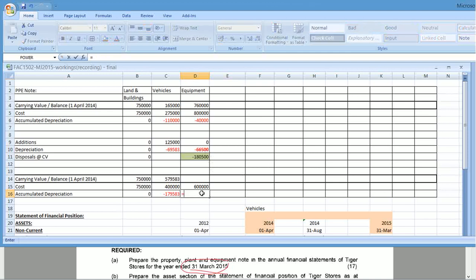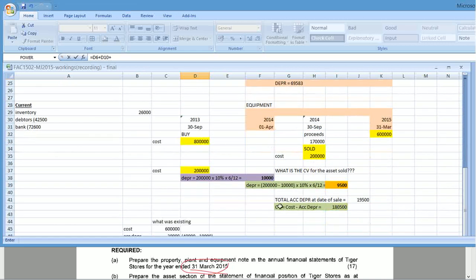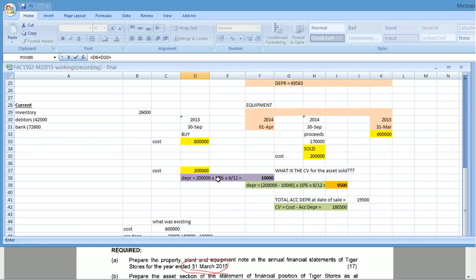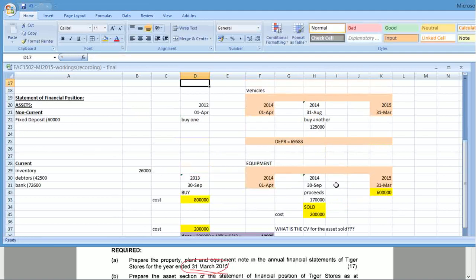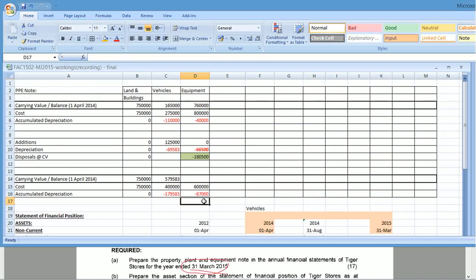So let's work that out. It'll be this plus the depreciation, and then subtract the depreciation you had for the old asset that you sold. So I sold the old asset, I would have taken this out, and I would have taken that out. So then you'd be left with that accumulated.